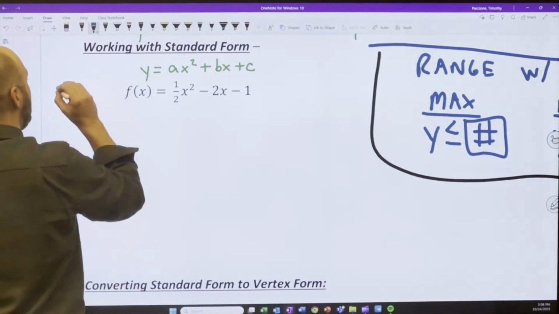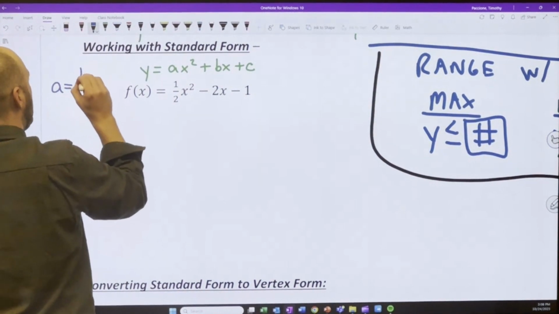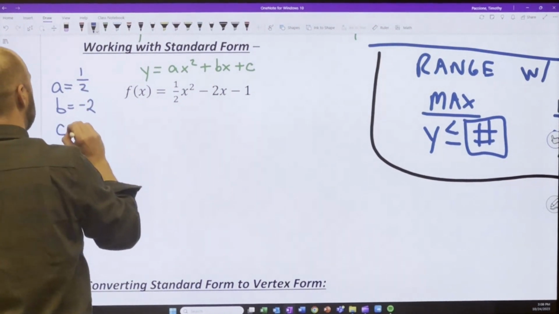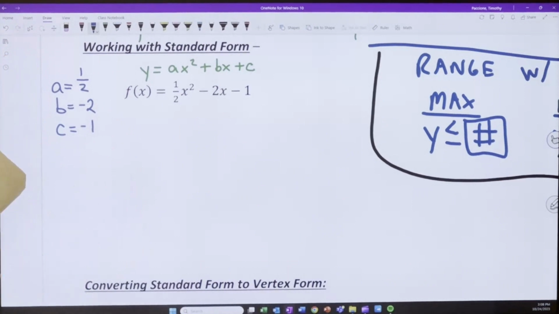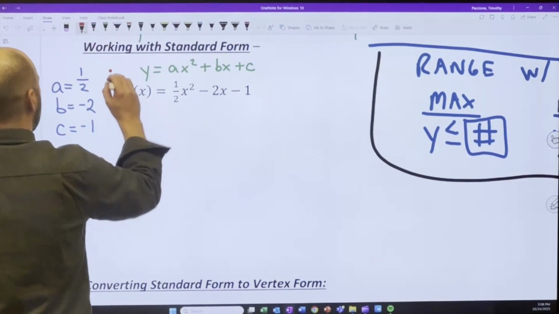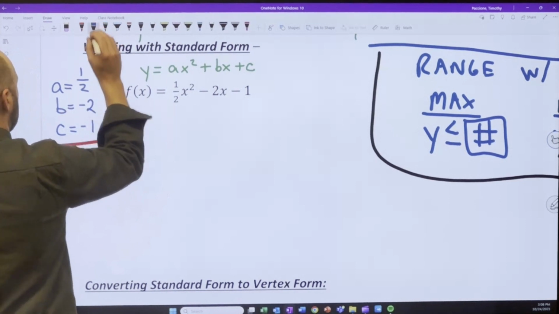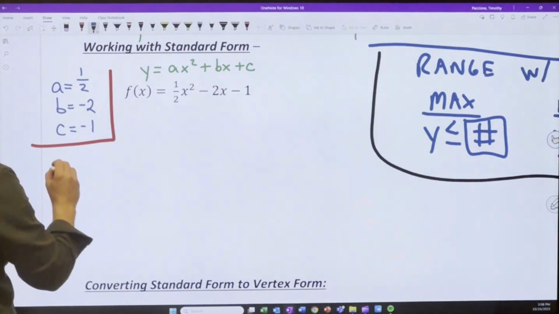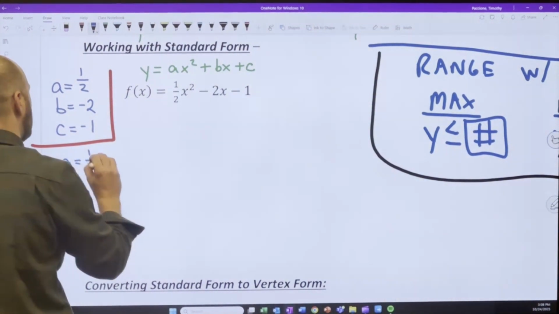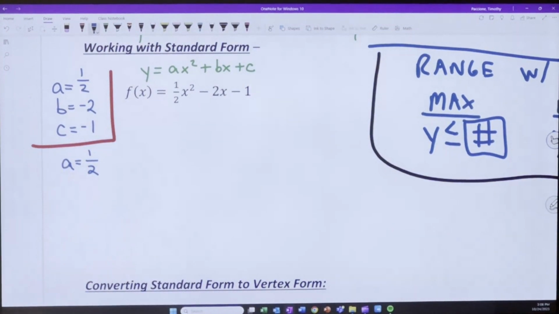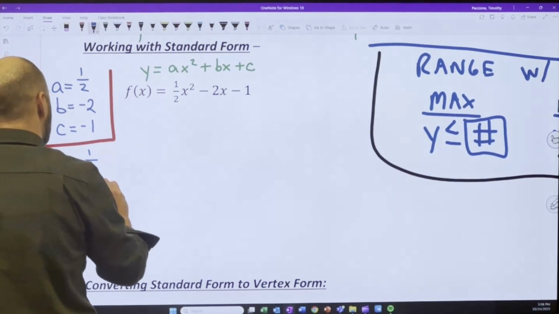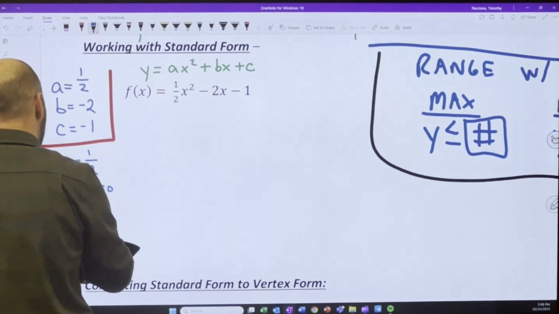We know our a is 1/2, our b is -2, and our c is -1. Now, our first thing we needed to do was decide if we have a max or a min. What's our a value? A equals 1/2. Is that negative or positive? Positive. A is greater than 0, so we have a min. Good.